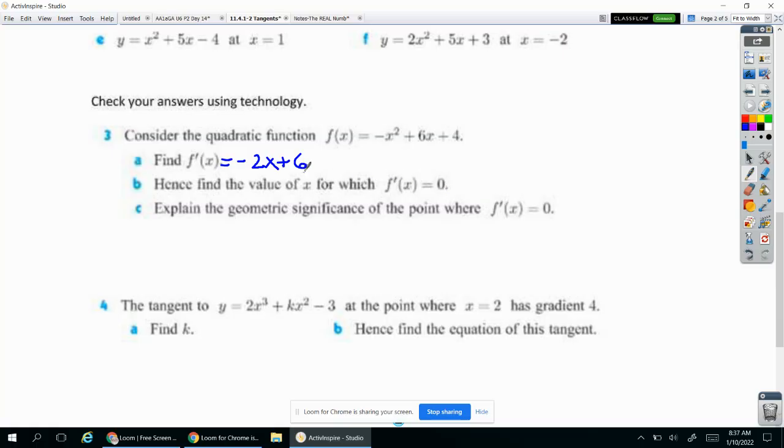So this whole value, f prime of x, we need to set it equal to 0. So negative 2x plus 6 needs to be equal to 0. Now let's solve for x. Subtract 6 on both sides, and we have negative 2x equals negative 6. When we divide by negative 2, x is 3.